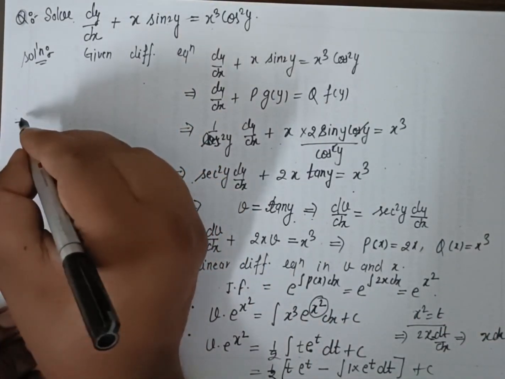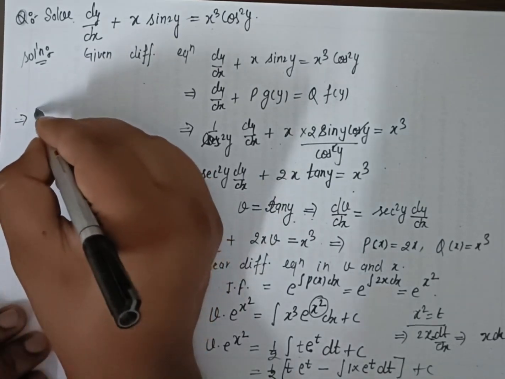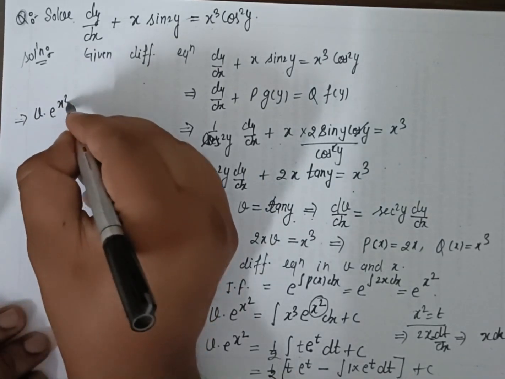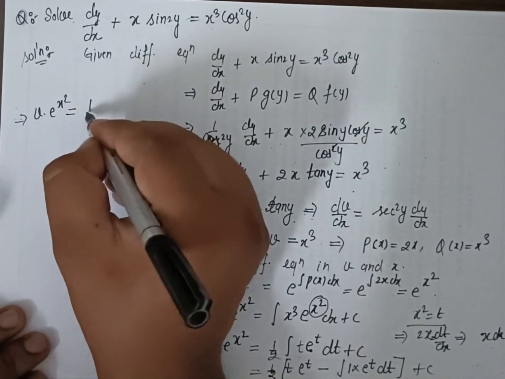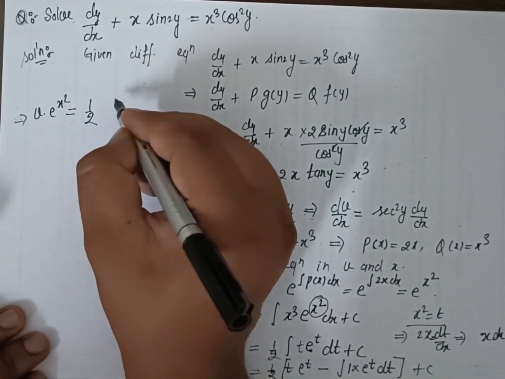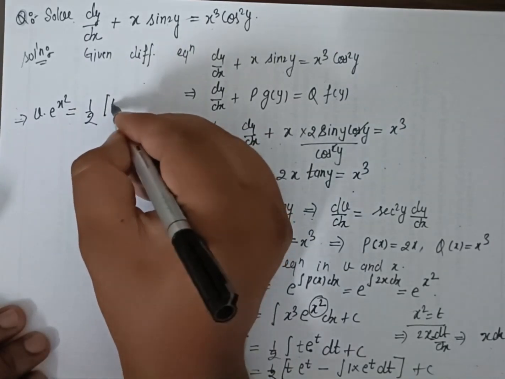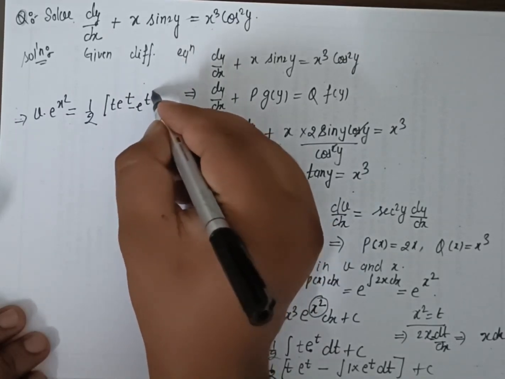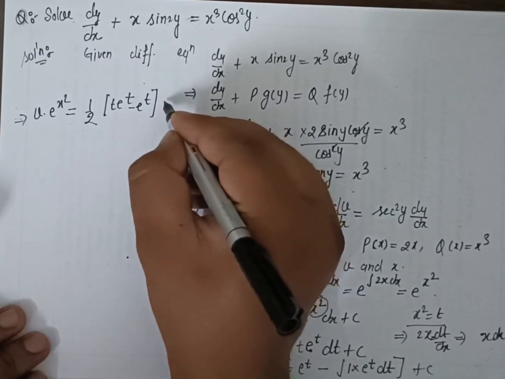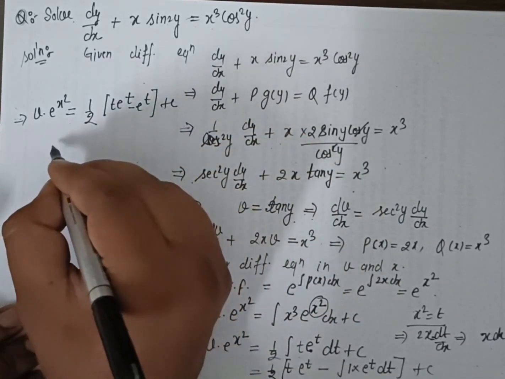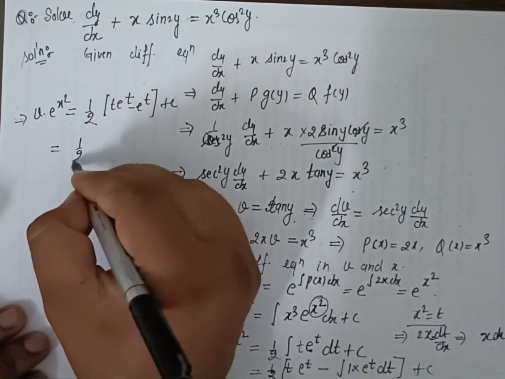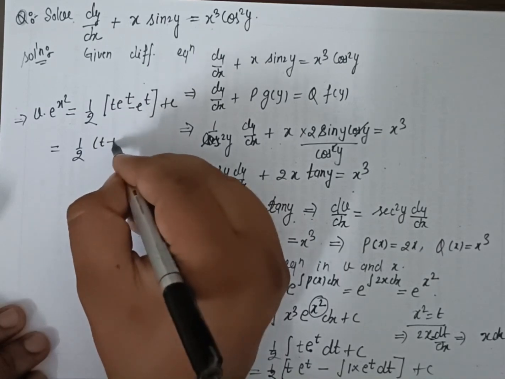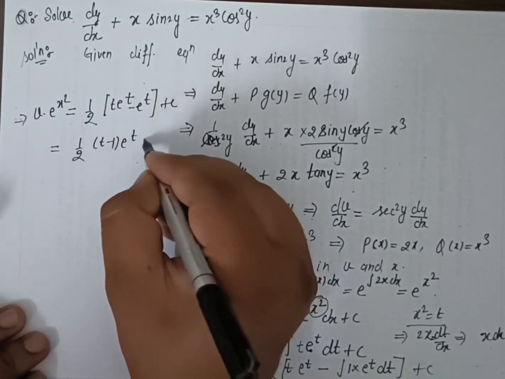Now what about the final result? You can write it as v into e^(x²) is equal to 1/2 (t e^t minus e^t), and then plus c, which is 1/2 (t minus 1) e^t plus c.